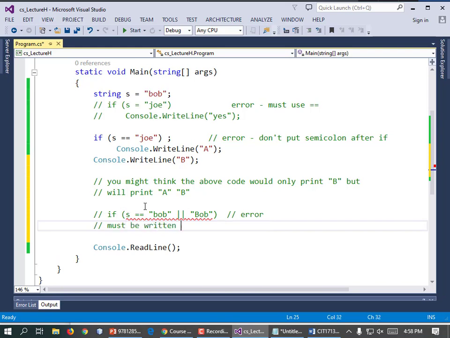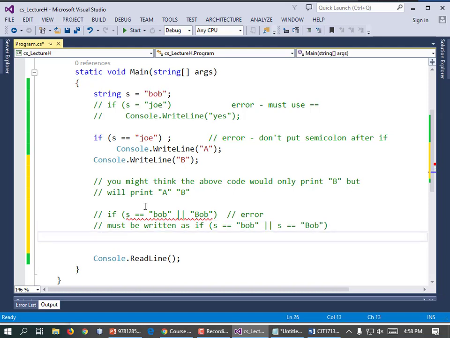It must be written as if parentheses S equals quote lowercase Bob or S equals quote uppercase Bob. Both sides of and or must be complete expressions.